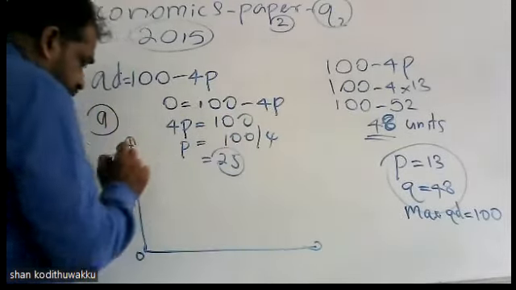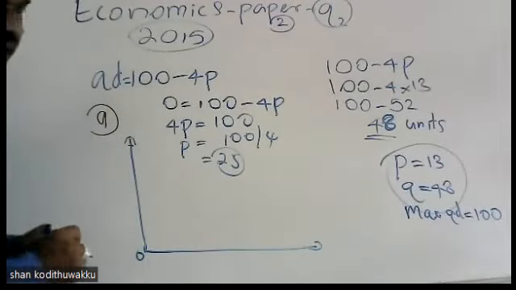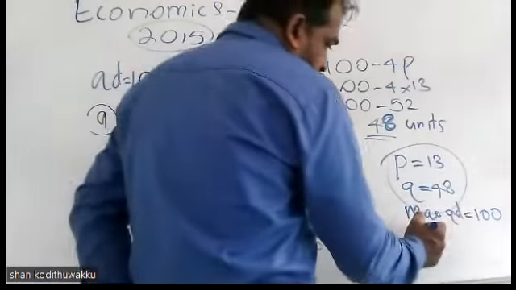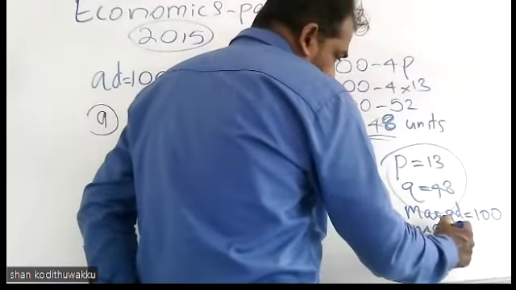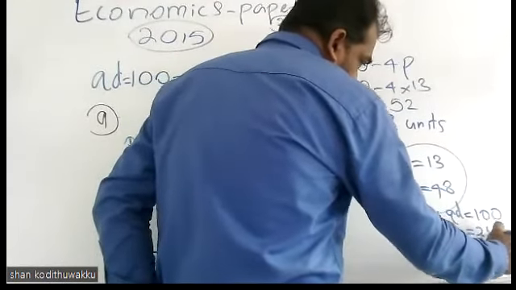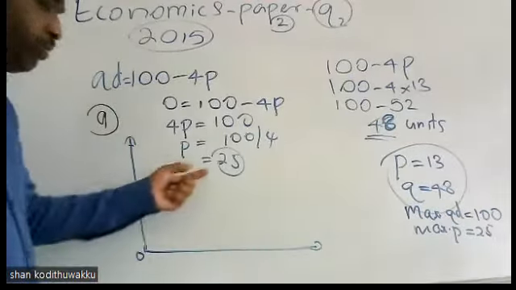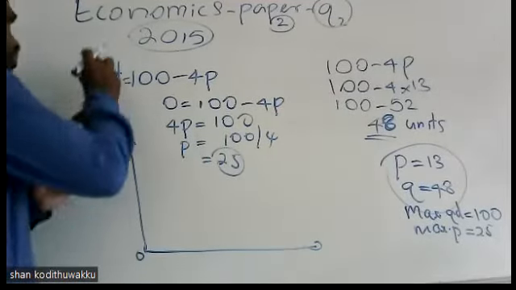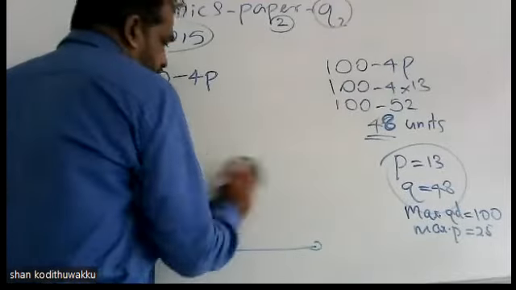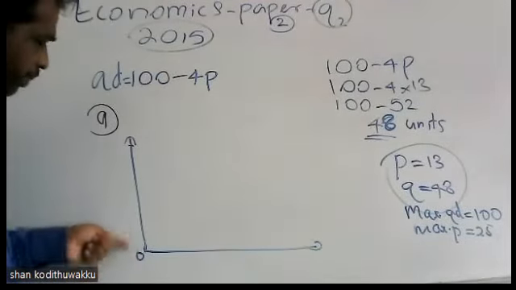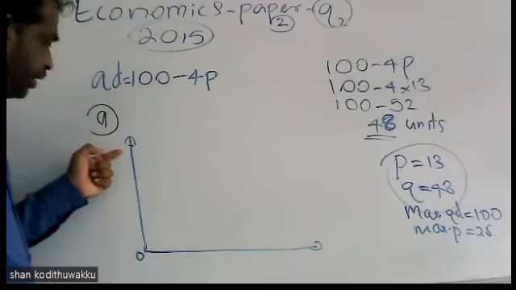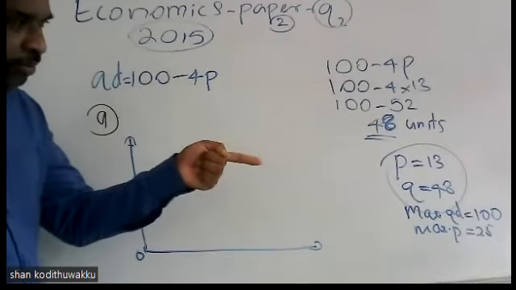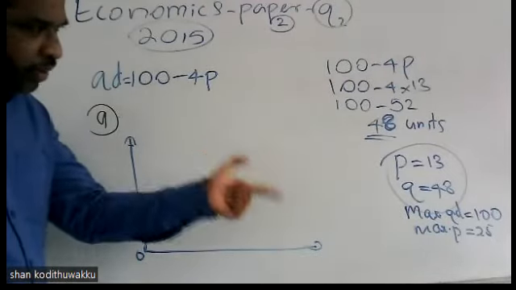Our maximum price will be 25. Maximum quantity 100, maximum price 25. When the quantity is 0, maximum price will be 25.